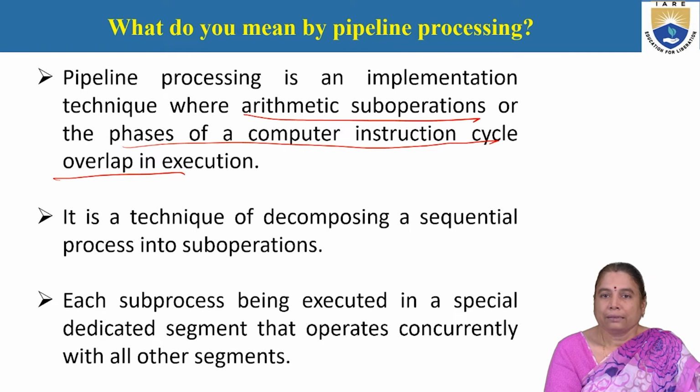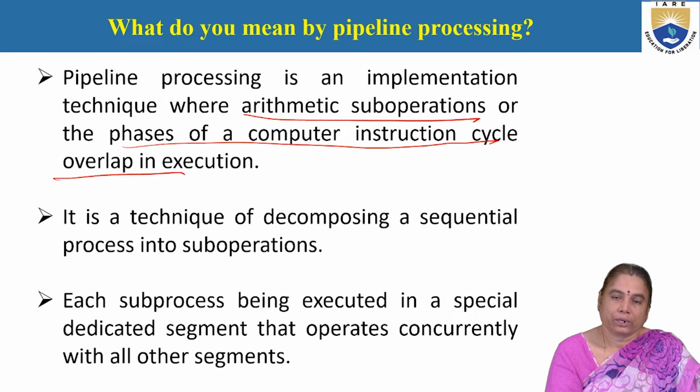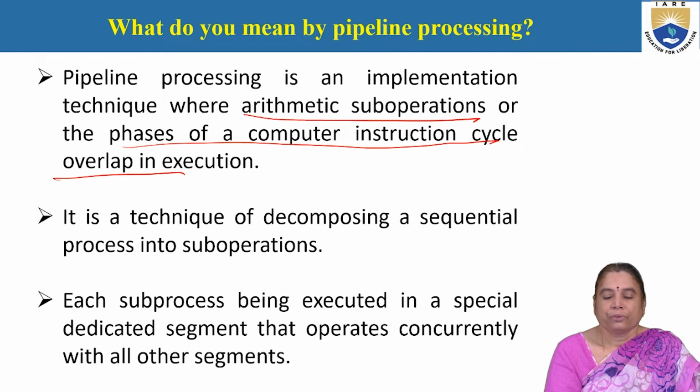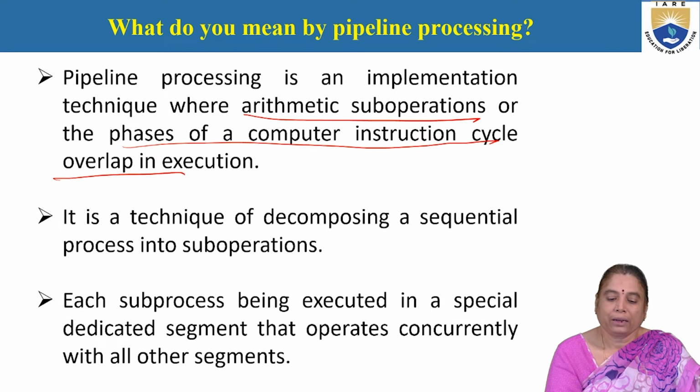In the case of the instruction cycle, there are four steps for executing an instruction: fetching the instruction, decoding the instruction, fetching the operand and calculating the effective address, and executing the instruction. These phases can be executed in an overlapped fashion with the help of the pipeline.